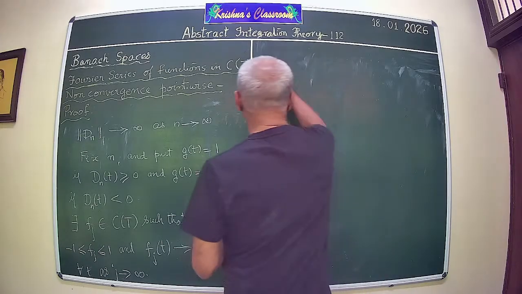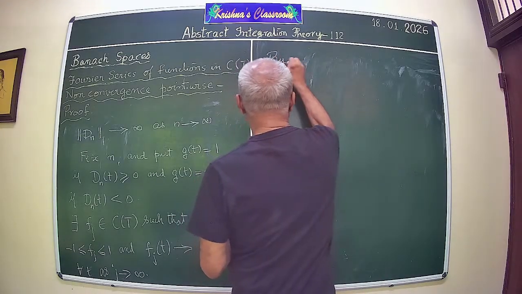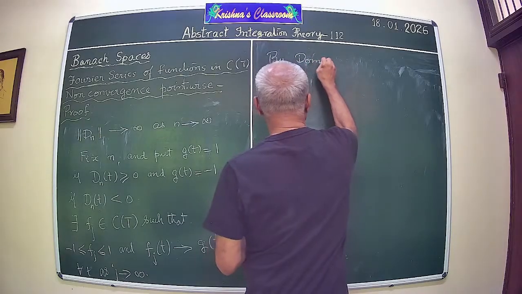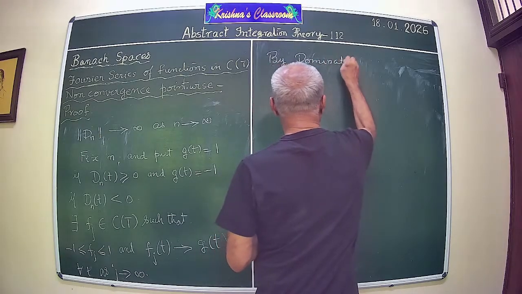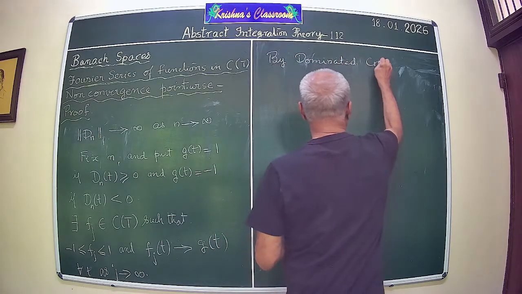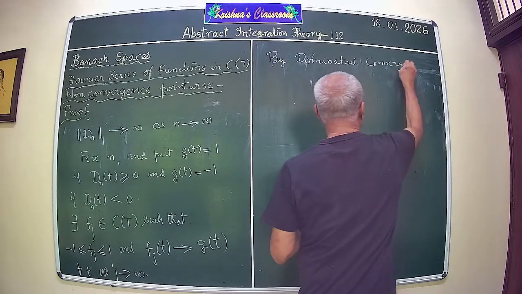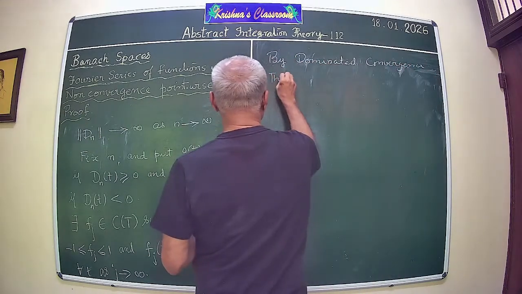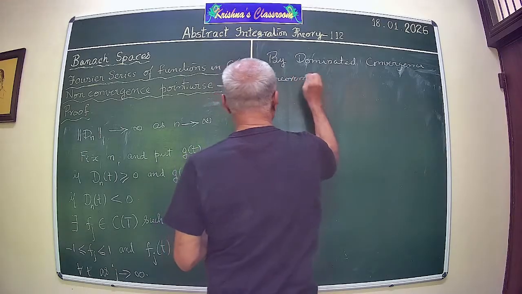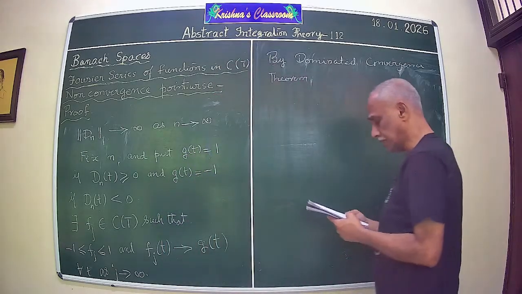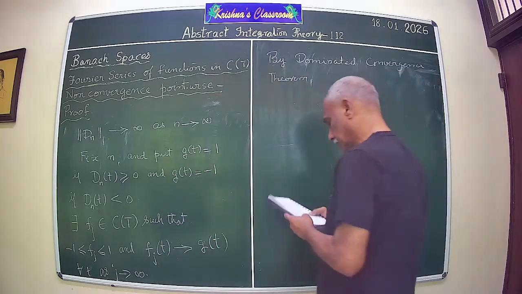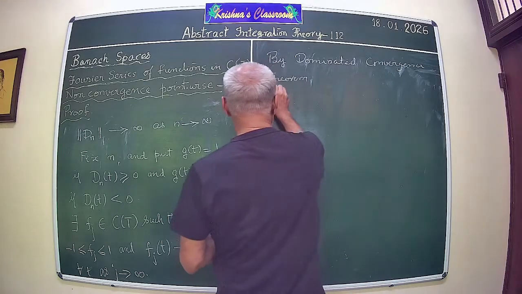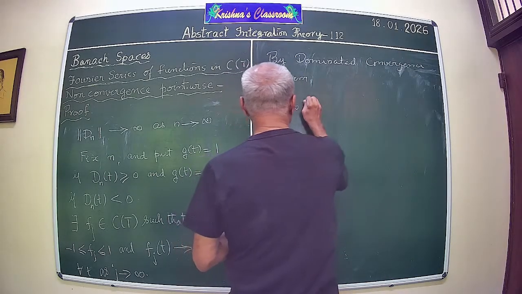Now we apply the convergence theorem. We can interchange the limit and the integral. This is what you get: limit j tending to infinity.